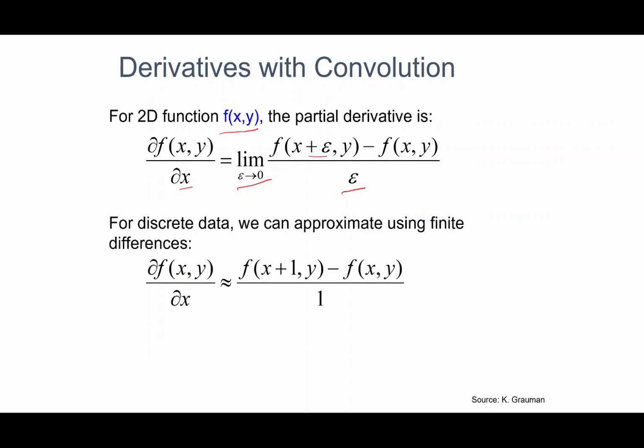But since these are discrete signals, images, we had to set epsilon equals 1 here, and approximately we can compute the first derivative. Since our convention of axis is this, x is vertically downwards, y is horizontally rightwards, this operation corresponds to a kernel of this nature.